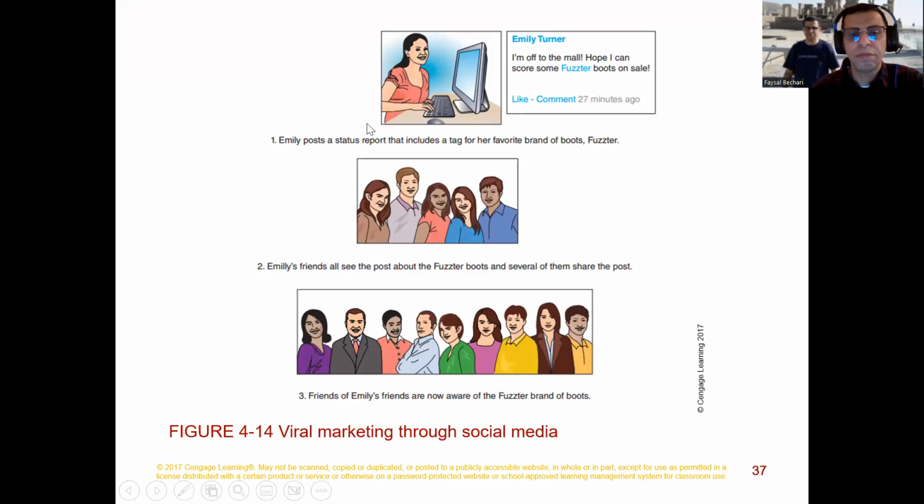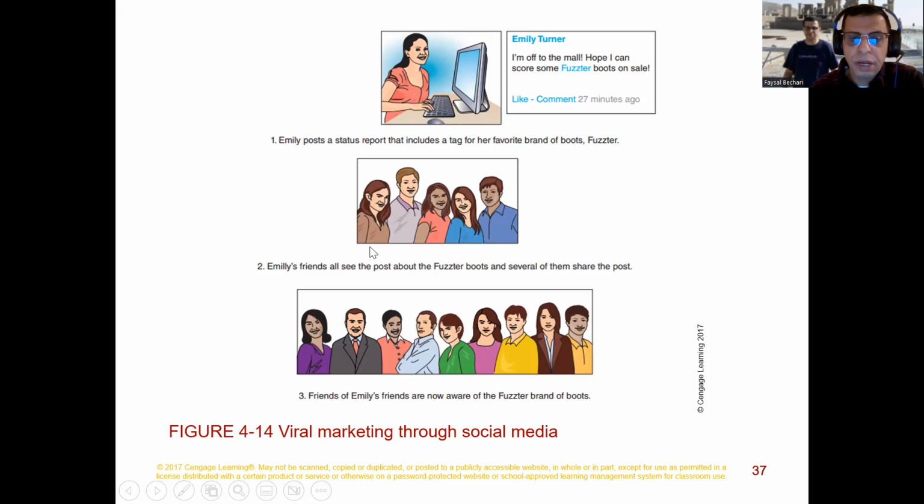So this is what happens. Emily says, I'm off to the mall, hope I can score some poster boost on sales. Emily posts a status report that includes a tag for her favorite brand of boots.